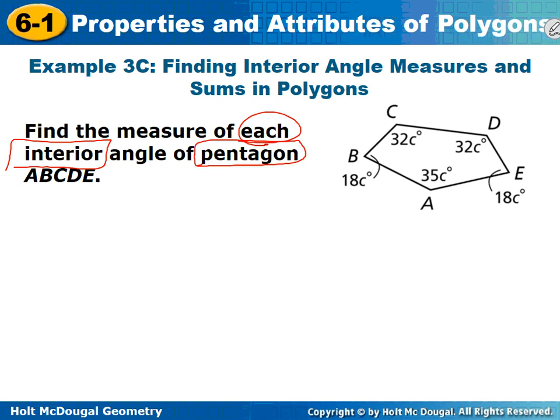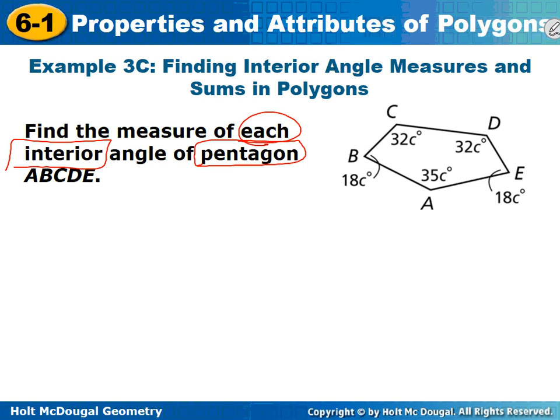What did we do back first semester when we had a triangle and they told us this was 2x, 3x, and 4x, and we wanted to find x? Exactly. We added these up and we set them equal to 180. So 2x plus 3x plus 4x equals 180. Be careful.